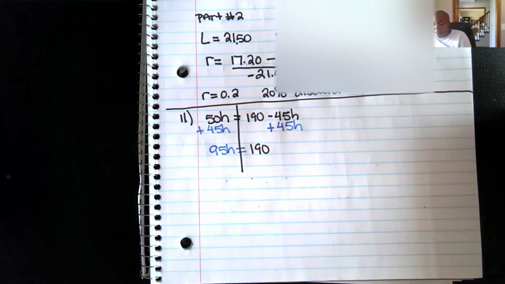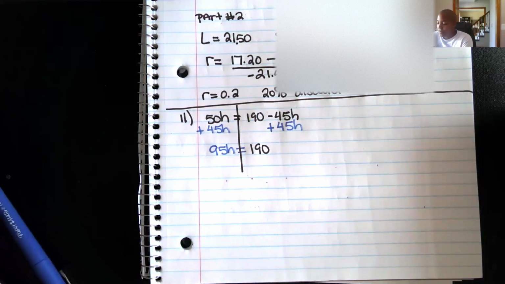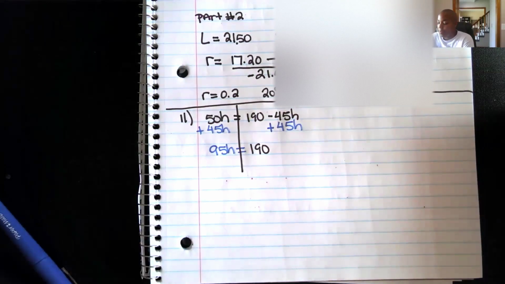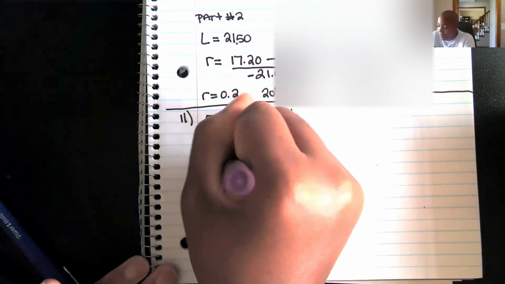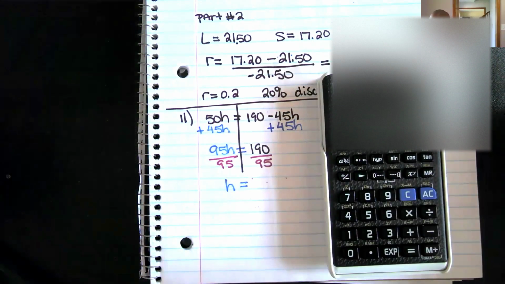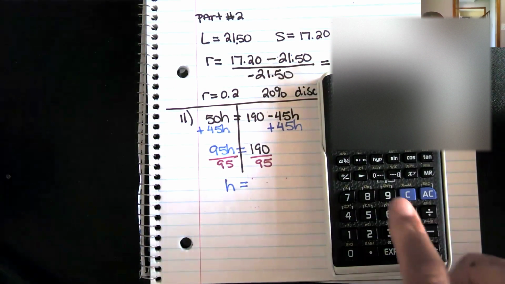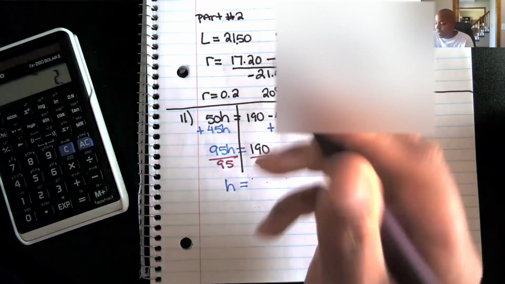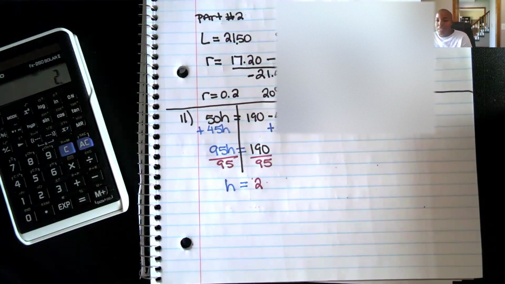To get the h by itself, we divide both sides by 95. 95h divided by 95 is just h. Well, really it's 1h, but we just put h. And then 190 divided by 95, I think it's 2, but I'm just going to confirm with the calculator. Yes, it's 2. So it would take 2 hours for you and your friend to meet.